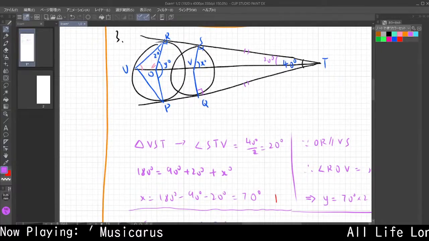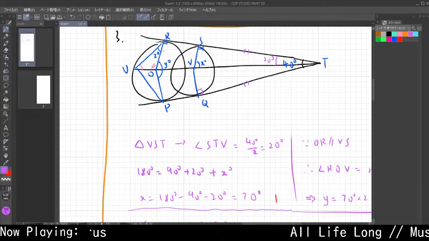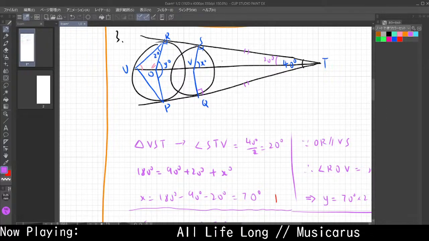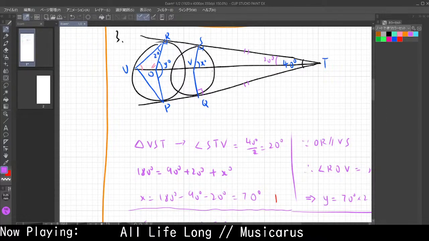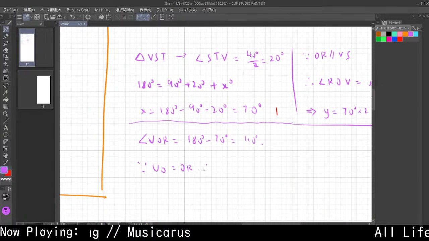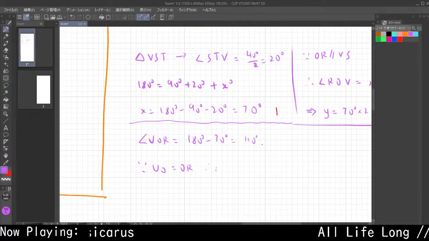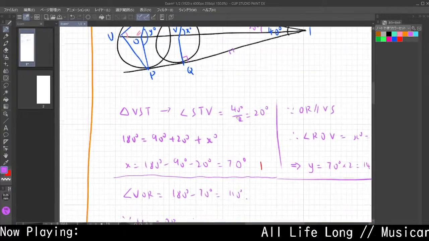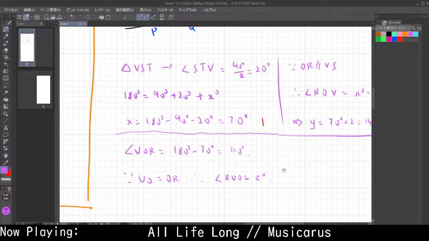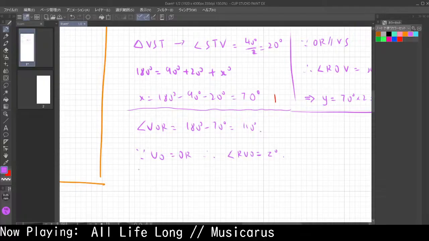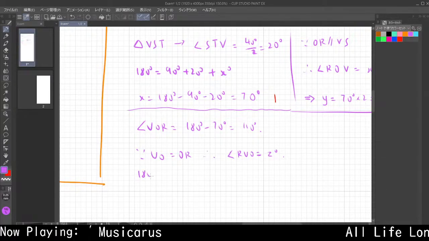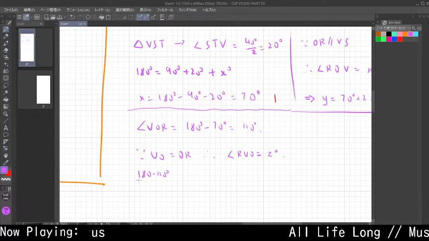Okay. Then since your UO and your OR are both radii, your UR forms an isosceles triangle. Since UO equals OR, therefore it is an isosceles triangle, so angle IUO will be equal to z. Okay, so you just take 180 minus 110, you get back 70.